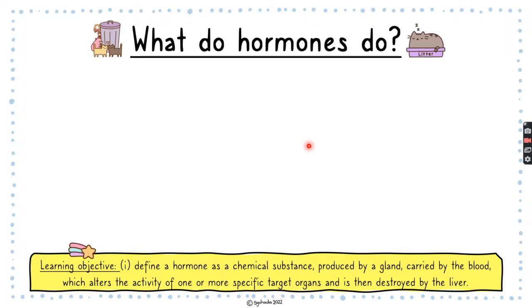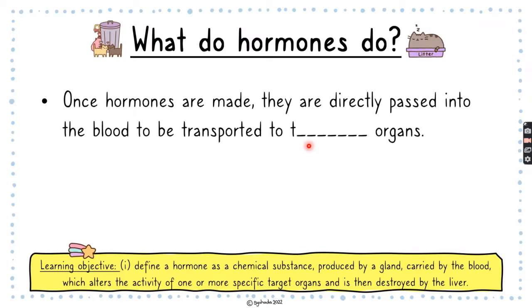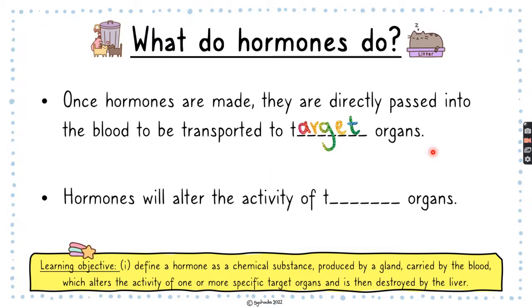Hormones are made in ductless glands, but what do they mainly do? Once those endocrine or ductless glands make the hormones, they are directly passed into the blood to be transported to target organs.